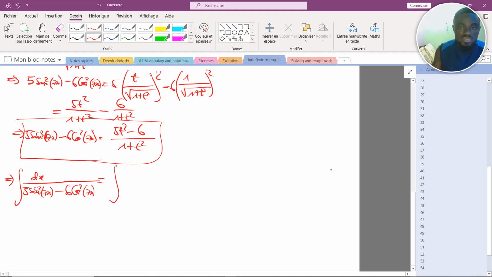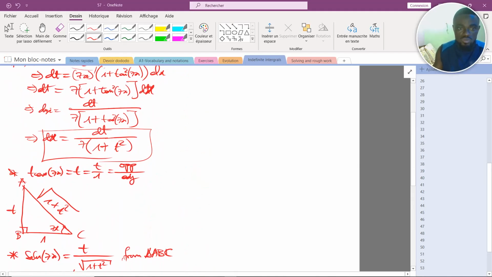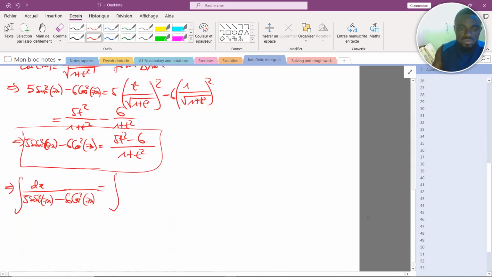The integral of, my dx was equal to dt on 7 into 1 plus t squared, all over this one, which was 5t squared minus 6 all over 1 plus t squared.